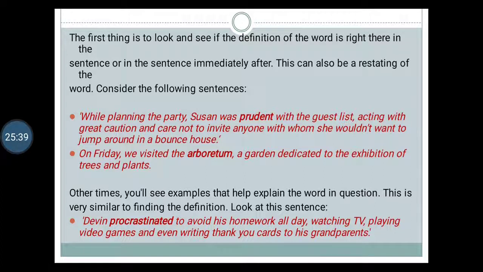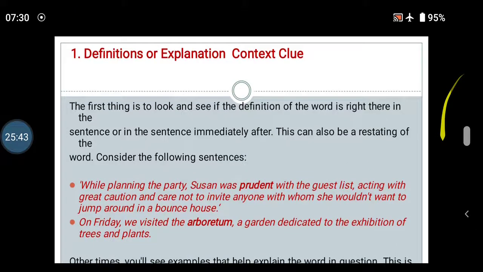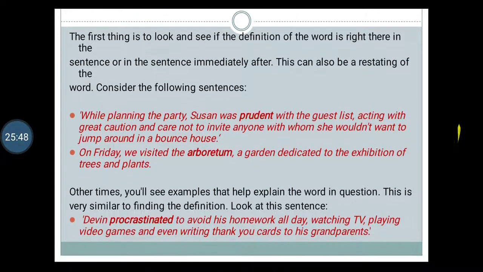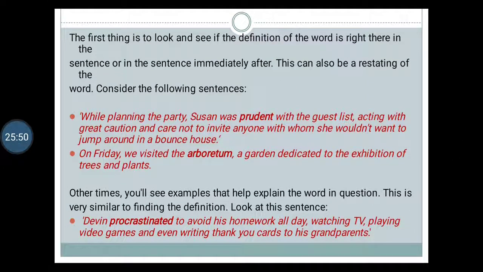This is very similar to finding the definition. That is why it's called definitions or explanation context clues. So sometimes you'll see examples that help explain the word in question.